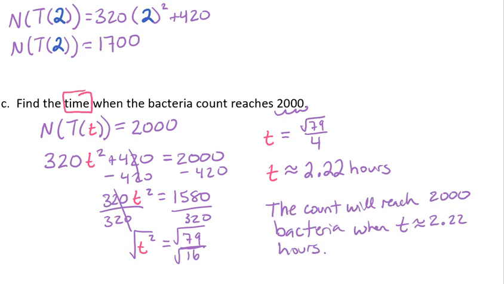And so here we can say that the count will reach 2,000 bacteria when t equals 2.22 hours. And again, we were able to throw out our negative answer because a negative answer was not in our domain, because we just want positive time, because you cannot have negative time.